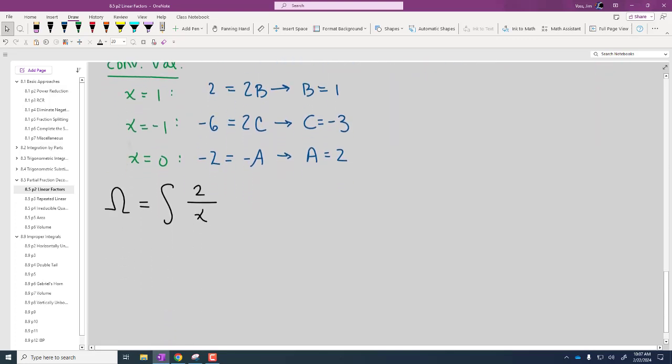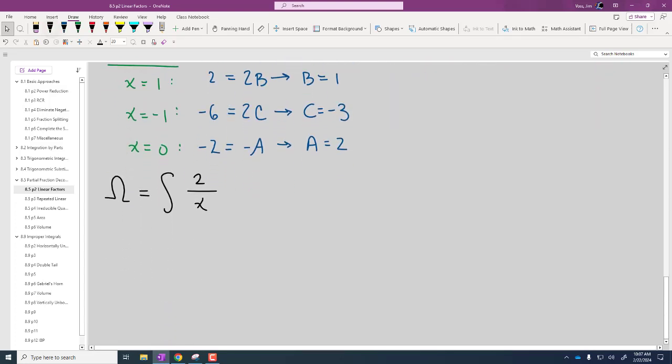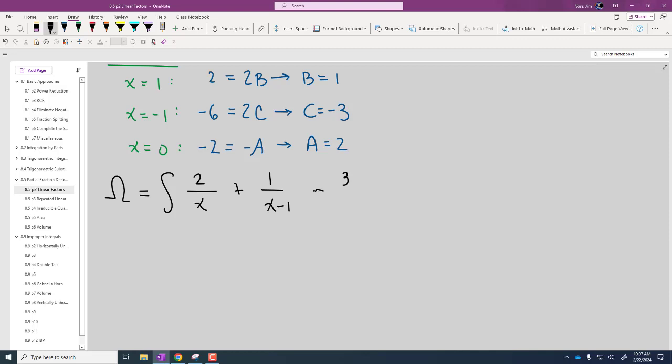So 1 over x minus 1, plus 1 over x minus 1, and then c was 3 over x plus 1. So there is our PFD. We now have our partial fraction decomposition completed.